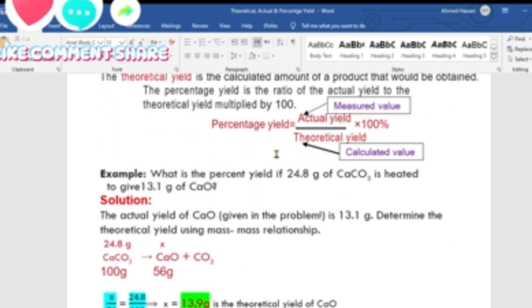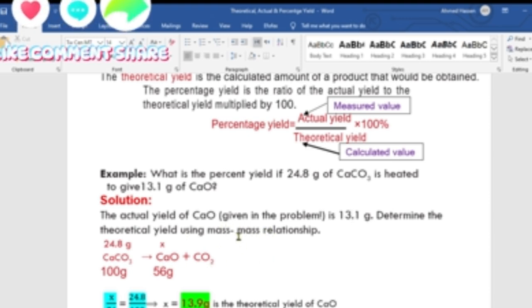What is the percentage yield if 24.8 grams of calcium carbonate is heated to give 13.1 grams of calcium oxide? The solution looks like the following. The actual yield of calcium oxide given in the problem is 13.1 grams. Therefore, you should determine the theoretical yield using the mass problem method.